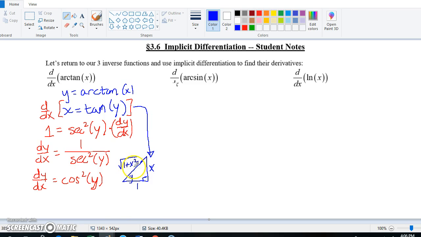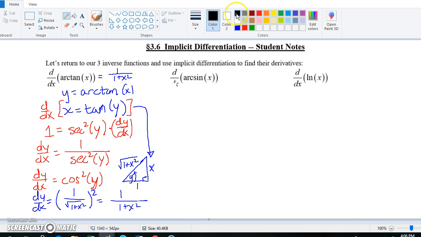And now, can you tell me the cosine of y? Using the picture, the cosine of y is 1 over the square root of 1 plus x squared. We are going to square that quantity and get 1 over 1 plus x squared. That is the derivative of the arctangent of x.